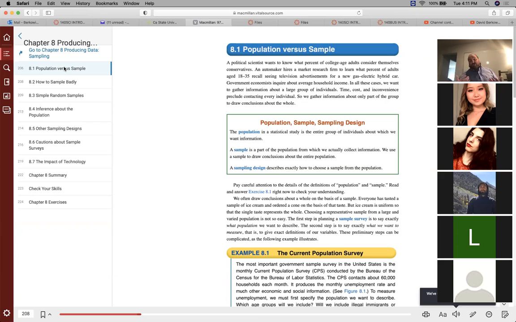When I say individuals, I don't necessarily mean people, but it could be any group of objects that you're taking data from. You have the population, and then you take a small portion of that, which is called your sample. How you take your sample is called your sampling design, and your sampling design is the method by which you take your sample.